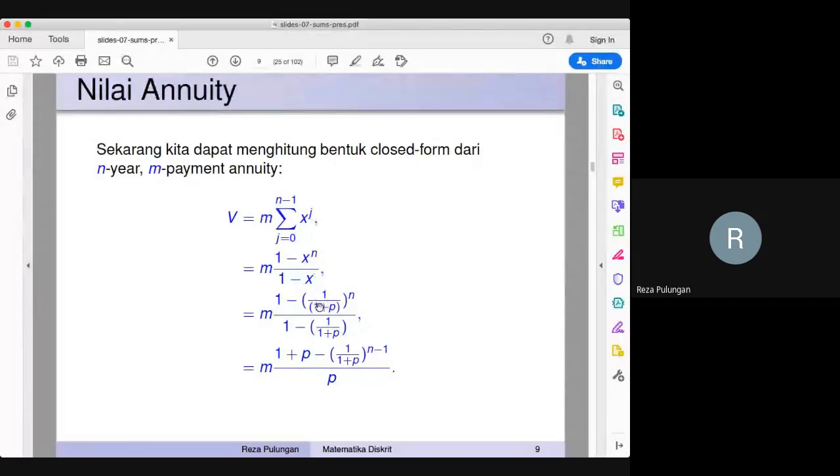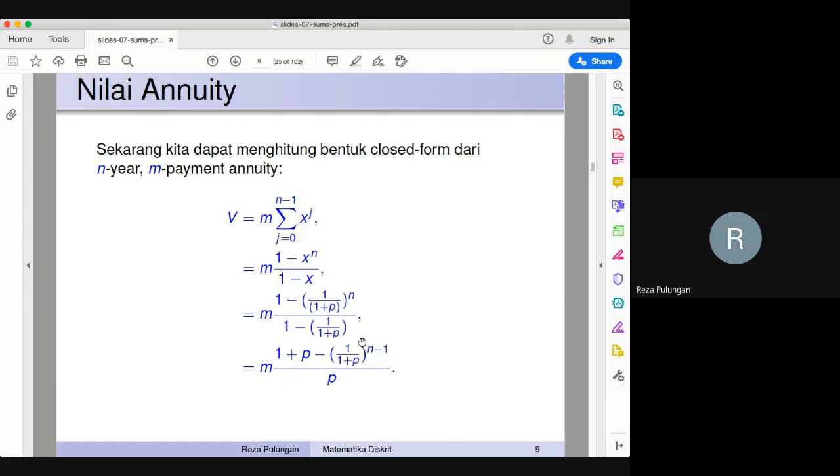So you can replace them, and the final formula is this one: m multiplied by 1 plus p minus 1 divided by 1 plus p to the power of n, minus 1, divided by p. So if you know p, m, and n, then you know right away. You don't have to perform this summation item by item. You can just use this formula to find that.